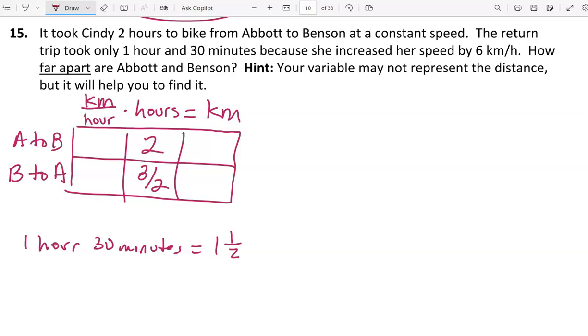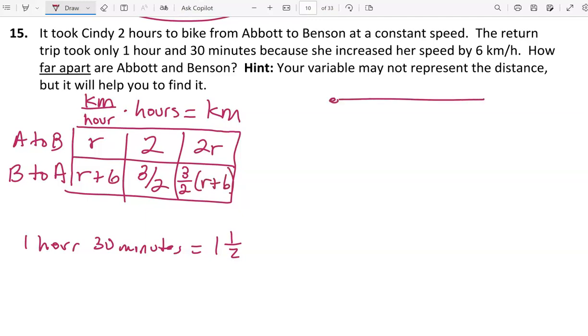What we know is that Cindy's rate going can be called r, but when she returned, she increased her speed by 6. That's why she spent less time. She was going faster. So our number of kilometers are 2r, and 3/2 times r plus 6.